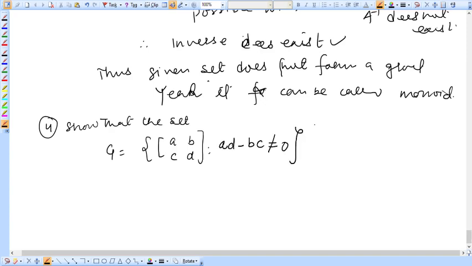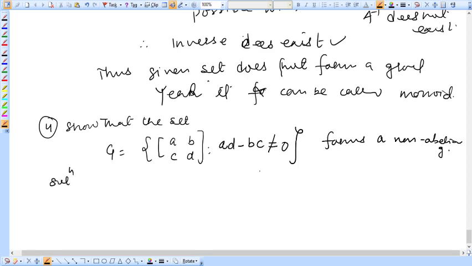Okay, this given set forms a non-abelian group, right?